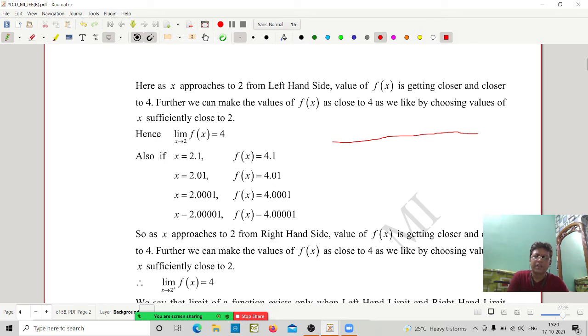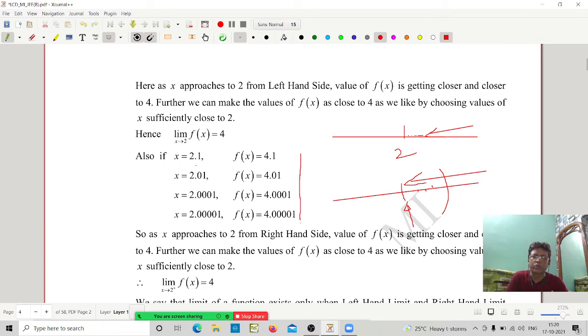If x is approaching from the right, taking very close values, 2.1, 2.01, 2.0001, then f(x) is also approaching 4. It is in the neighborhood, so look at the values.